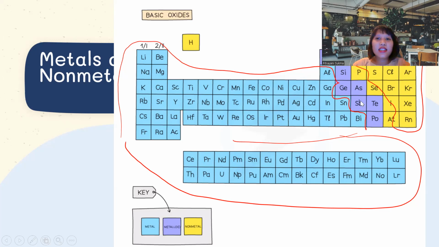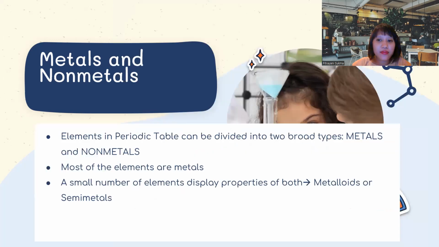So they belong to the metalloids. Now let's review what is actually the main difference in characteristics between metal and non-metal, and why they need to be differentiated into different groups.